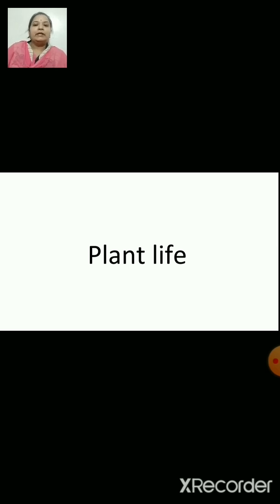The function of the cotyledon is that it contains stored food which is used by the growing plant or the seedling. Now, how do mosses and ferns reproduce? Right, they reproduce through tiny seed-like structures called spores.